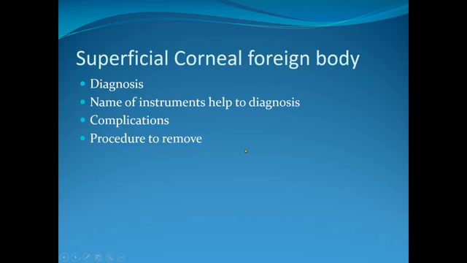Any foreign body that falls on the cornea: first we diagnose. Then after consent of the patient, we give a surface local anesthetic agent for anesthesia of the cornea. Then we place the universal eye speculum, localize the corneal foreign body, and first try to remove the superficial foreign body by a jet of fluid.